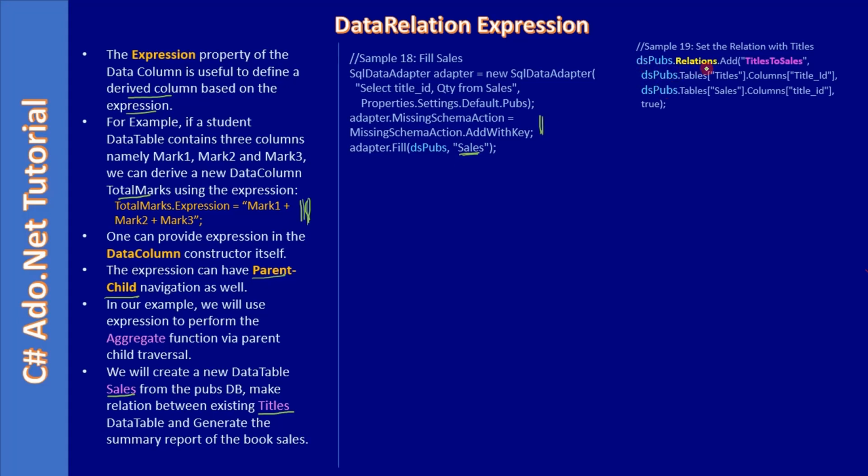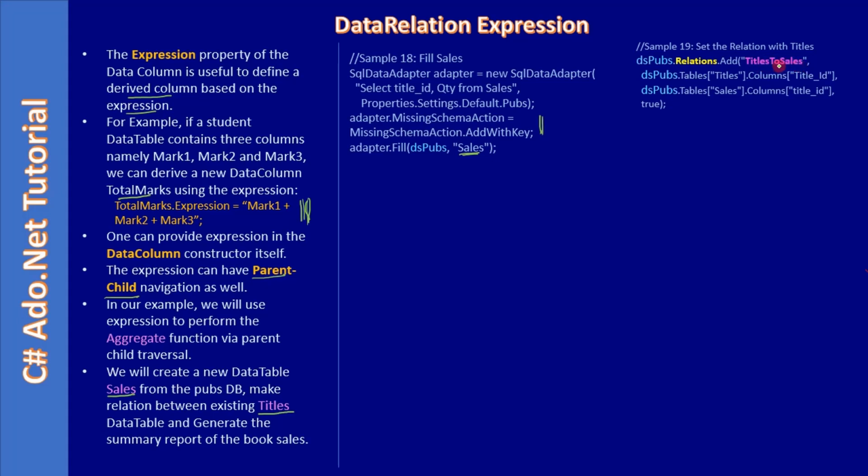dsPubs.Relations.Add, the relationship name is titles to sales. So you can name your relation whatever you want. Here, for easy readability purposes, we are naming it as titles to sales.